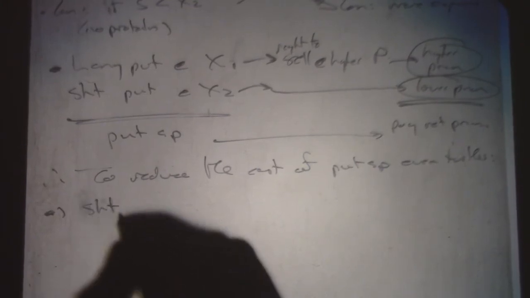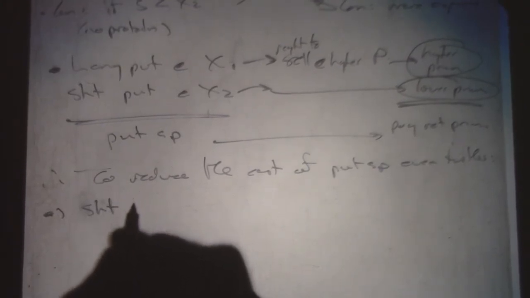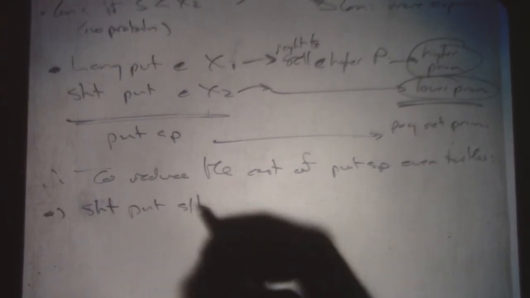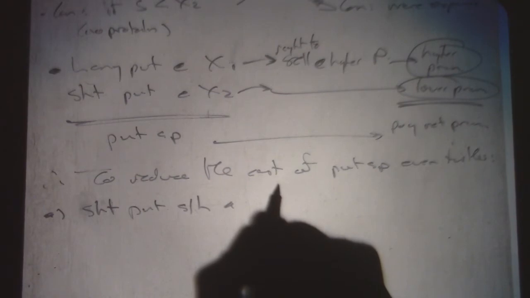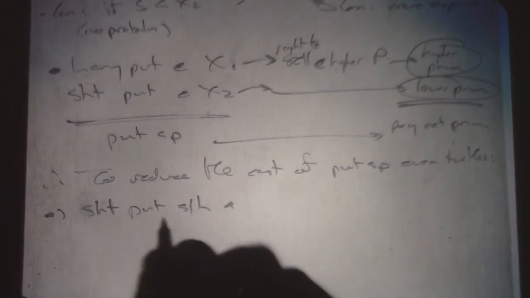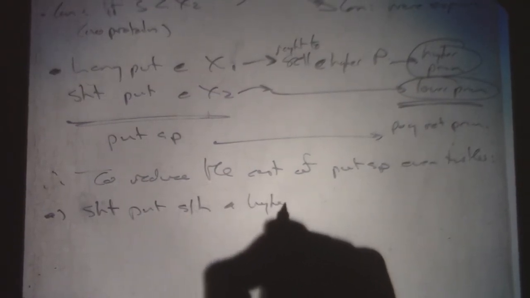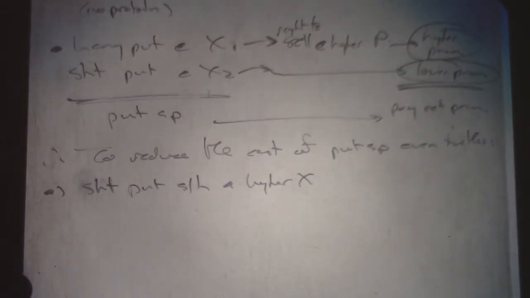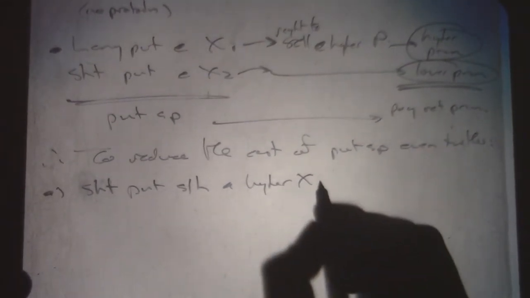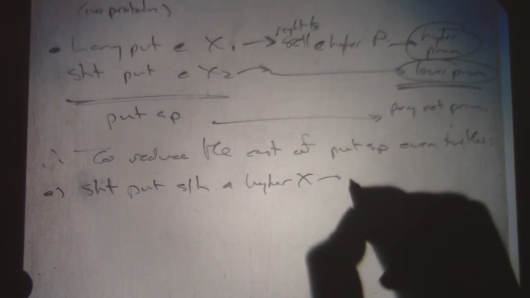Yes, we should use short. Short put should have a higher strike or a lower strike? Higher strike. So the short put should have a higher strike. And if it's got a higher strike, it'll have a higher premium.